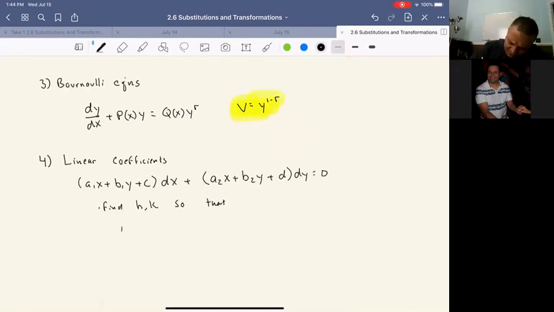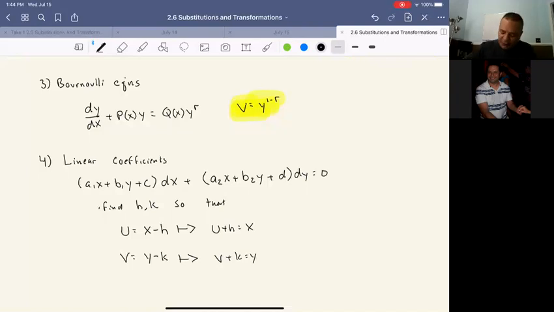I'm going to write it as u equaling x minus h, v equals y minus k. The reason I'm going to write it that way is so that u plus h equals x, and v plus k equals y.